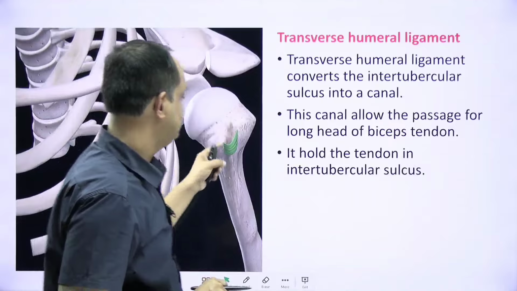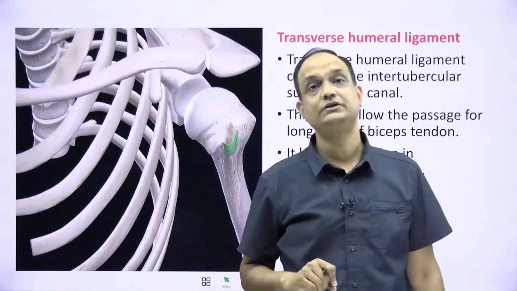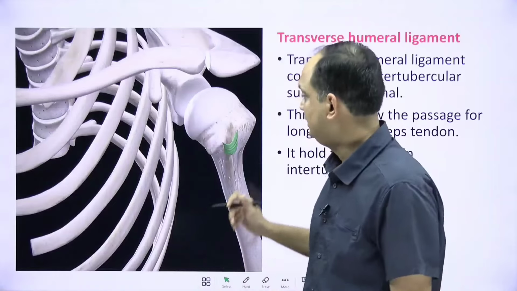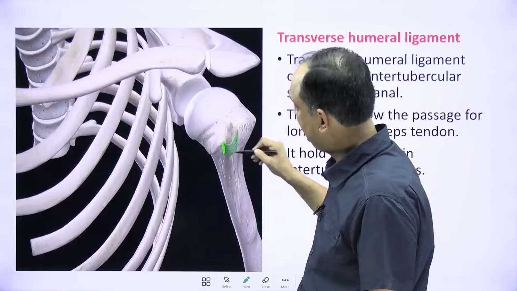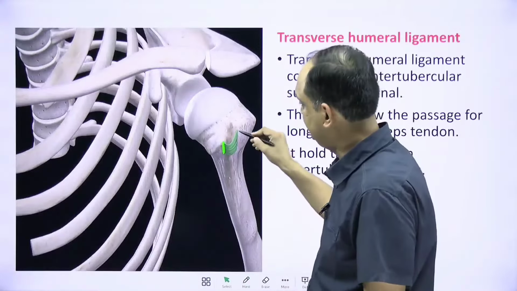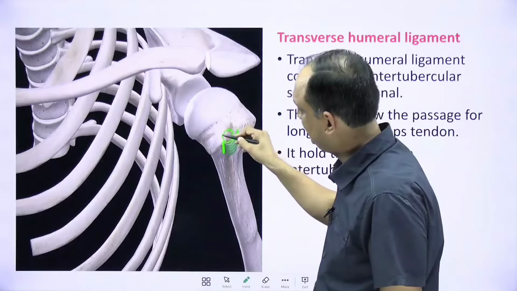Here in this diagram you can very well appreciate the appearance of the transverse humeral ligament. This ligament connects the medial lip of the intertubercular sulcus with the lateral lip, and that is why this groove is converted into a canal.